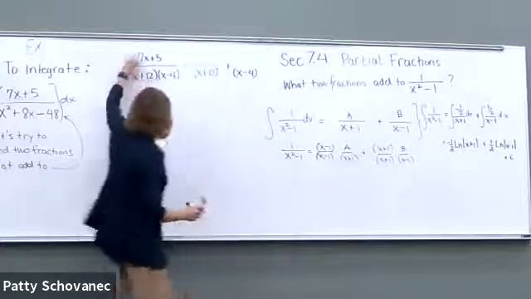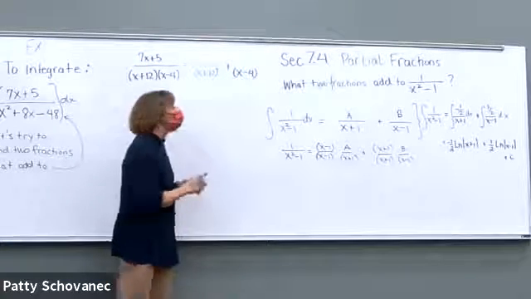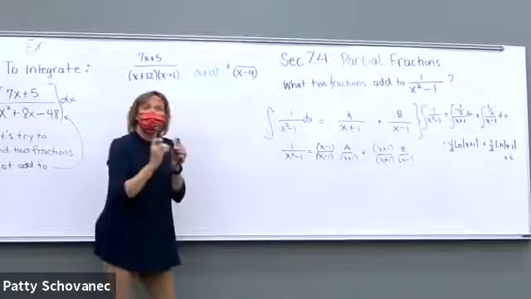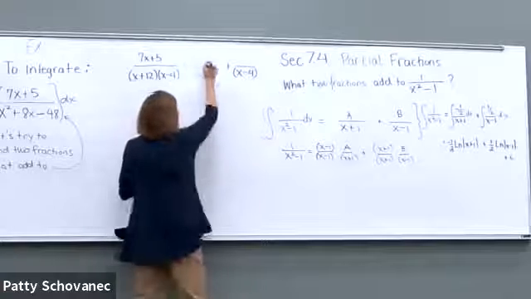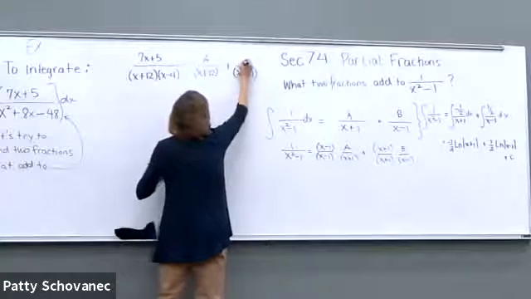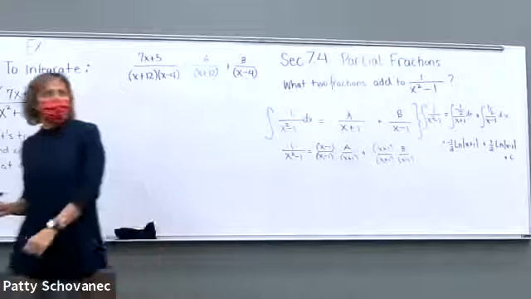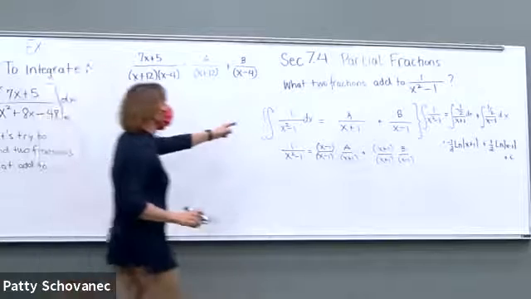Now this fraction is in reduced form. So these will also be in reduced form, which means I can't have x to the first powers up here. I just have to have constants. So again, I'm going to use letters A and B to denote those constants. And I'm going to try to do these steps again and find out what A and B are. I'm going to take some shortcuts. Been doing this algebra stuff for a long time. I don't want to put all these steps in there.